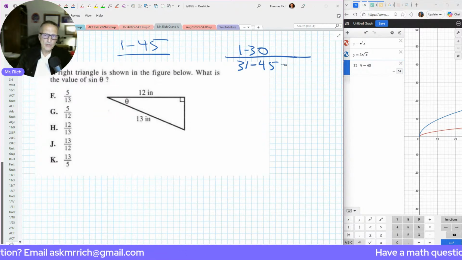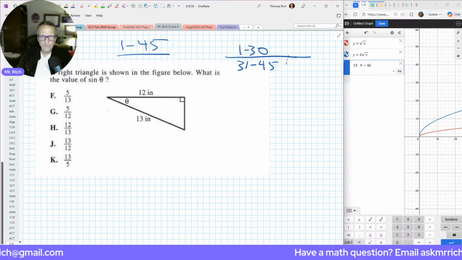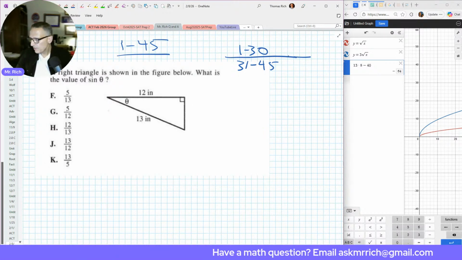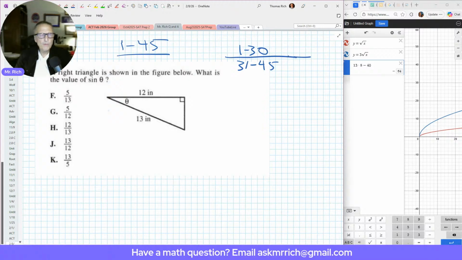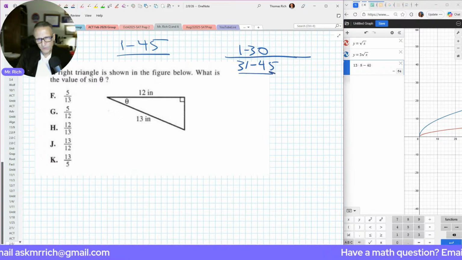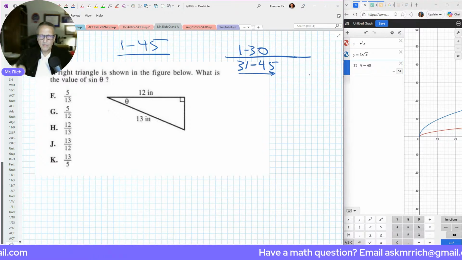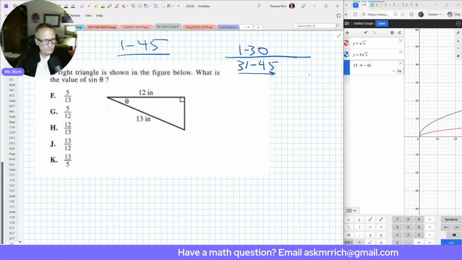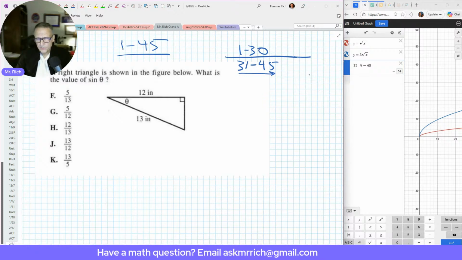But questions 31 through 45, roughly speaking, are pretty much all hard. It doesn't necessarily mean you'll see an increasing level of difficulty from 31 to 45. Maybe a little bit, but I tell my students to think about them as all hard.